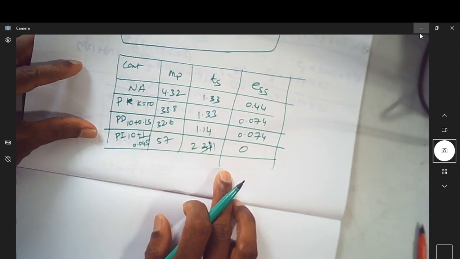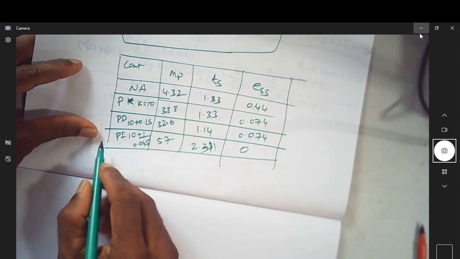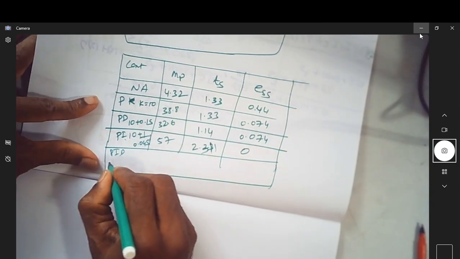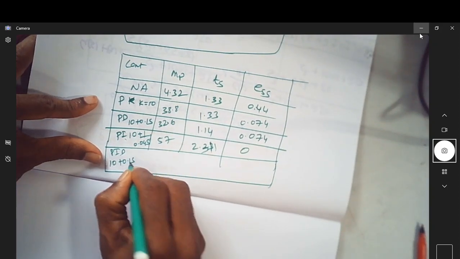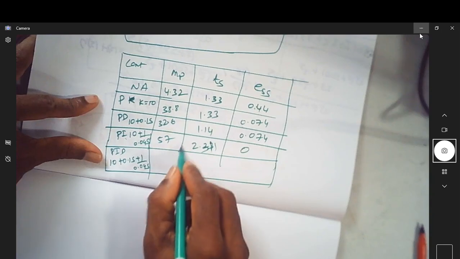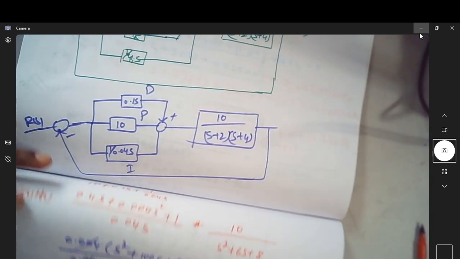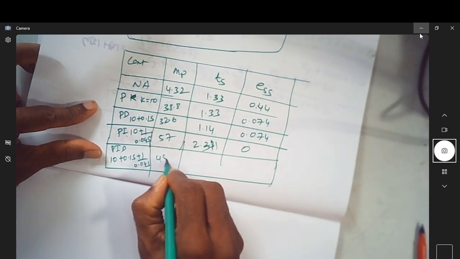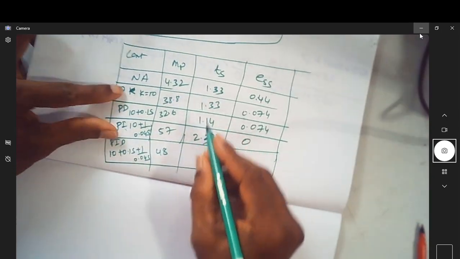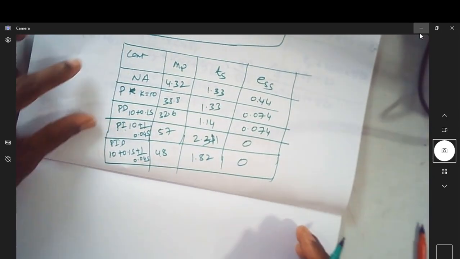More overshoot, more settling time, but ESS is zero. When we did the last one, the PID controller, which has 10 plus 0.1 s plus 1 over 0.04 s, all three included, we had an overshoot of 48%, a settling time of 1.82 second, and ESS is zero.